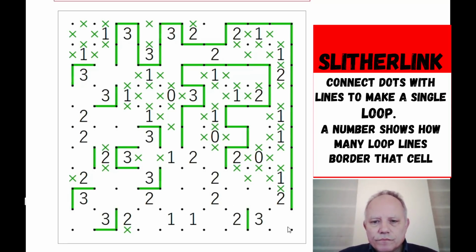Now, something round here. I don't know, I'm going back to this 1 and 2. I'm sure there's a way of working this out. If that was a line, I just don't know.